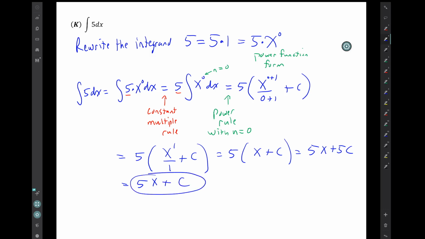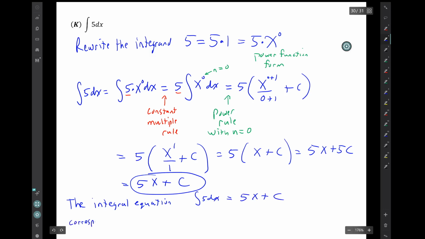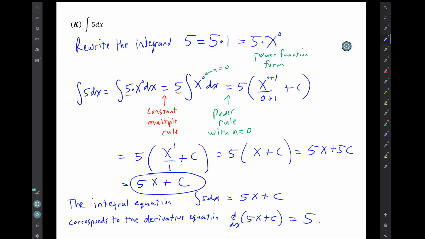Now this corresponds to the derivative equation. The corresponding derivative equation is that the derivative of 5x plus c equals 5. Notice that I simply replaced the constant of integration, 5c, with just c. This is kind of sneaky, but it's actually valid.